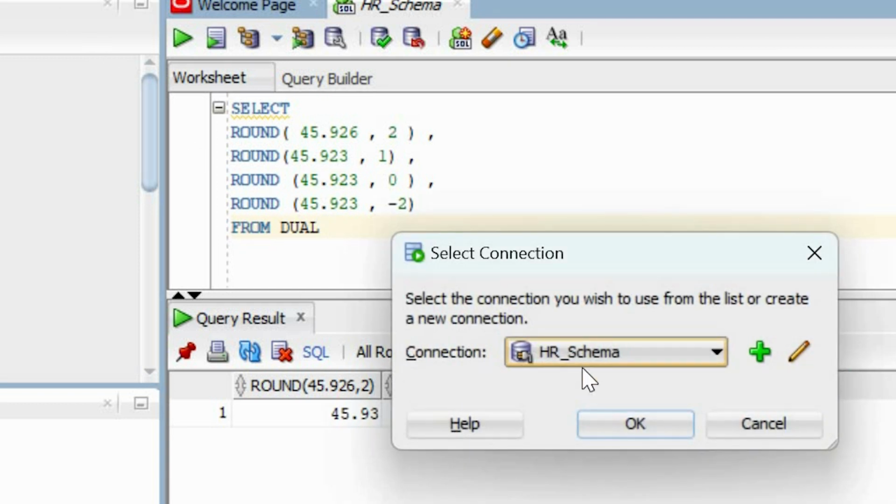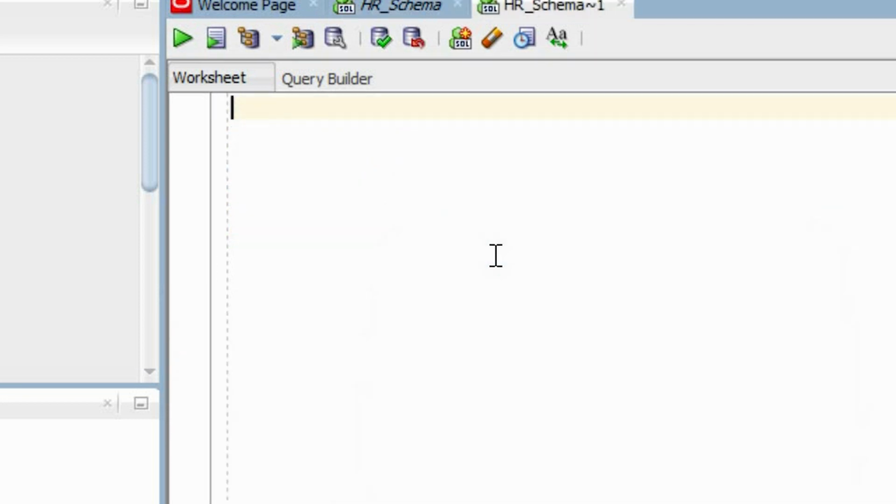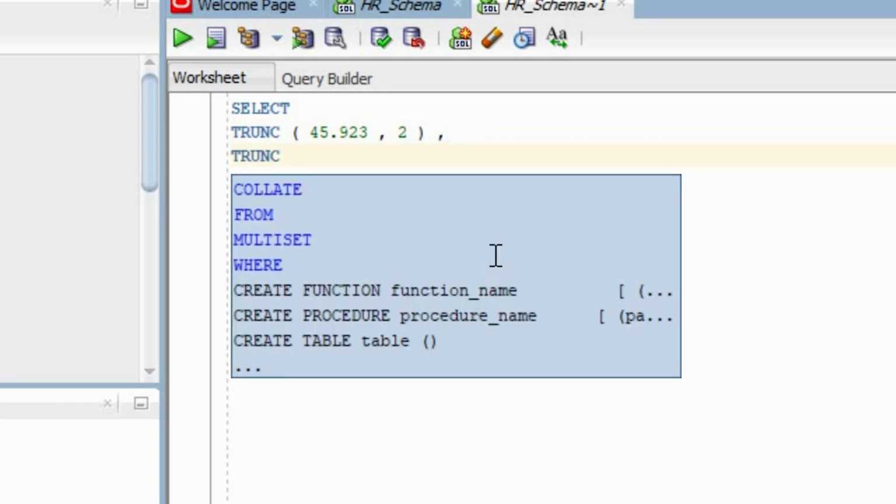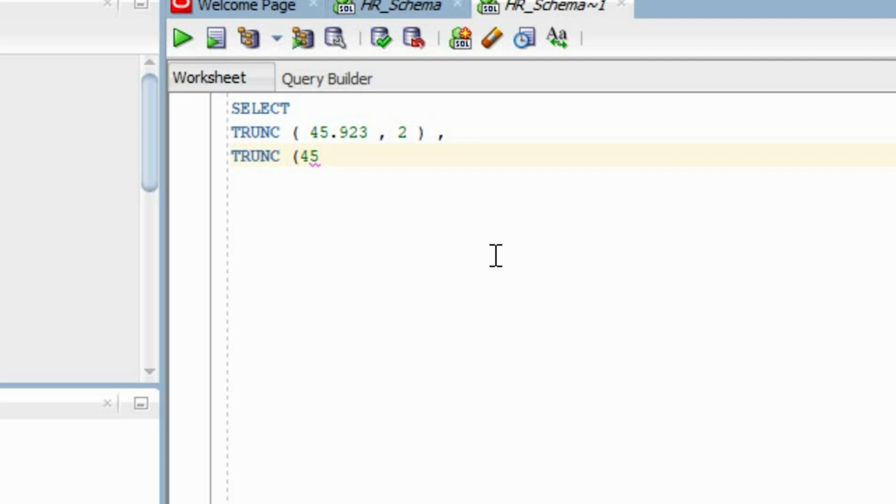Open a new SQL worksheet and type this command. Select, go to the next line. Instead of ROUND, we are saying now TRUNC. We are going to use the same numbers, 45.923, and here too, comma, go to the next line, TRUNC, and type 45.923.